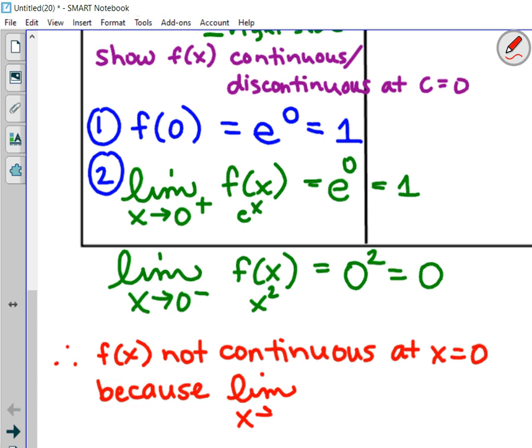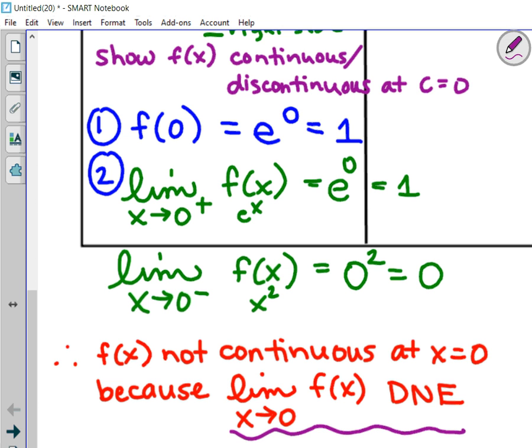Now, there's a couple different ways to say this. This is my favorite one. This is the easiest one to say it. If your limit from the left and your limit from the right don't match, then your overall limit doesn't exist, and you can't have continuity.